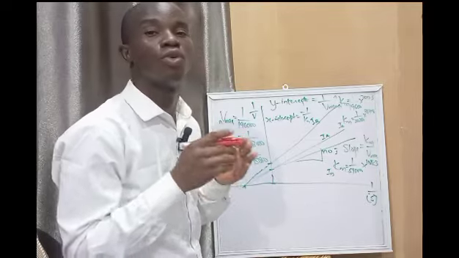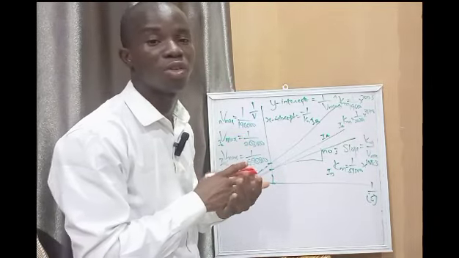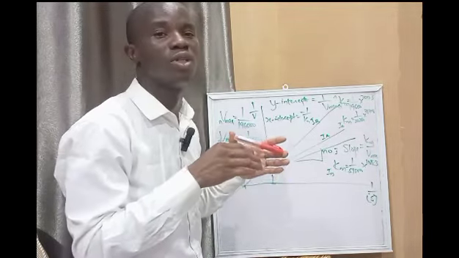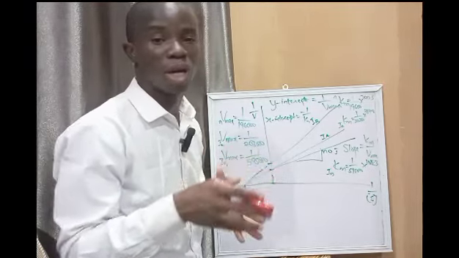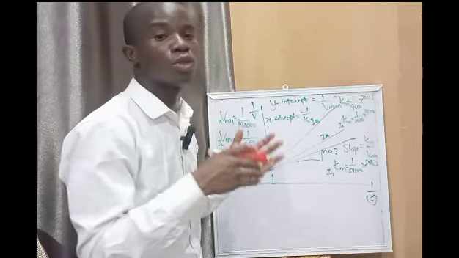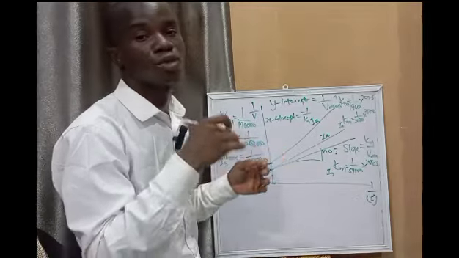For example, for competitive inhibition, I said in the previous video that in a competitive inhibition graph, there will be the same Vmax but different Km. So you can use the difference in the Km to get your Ki.